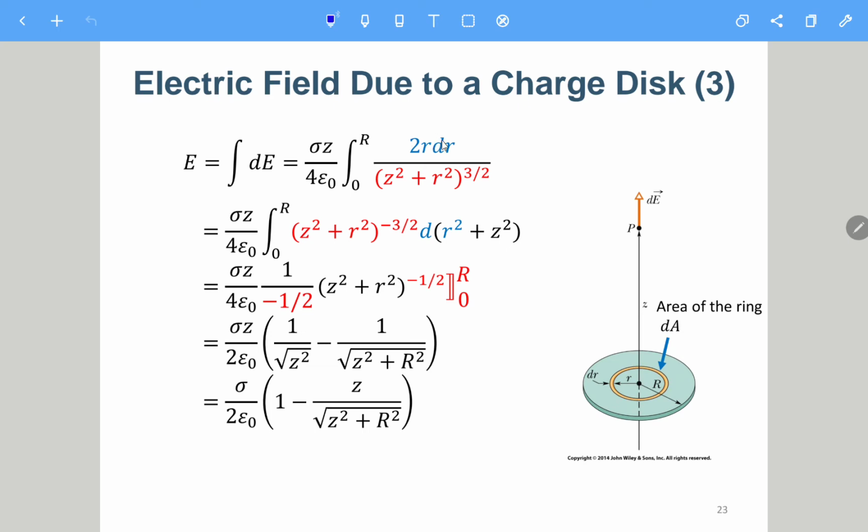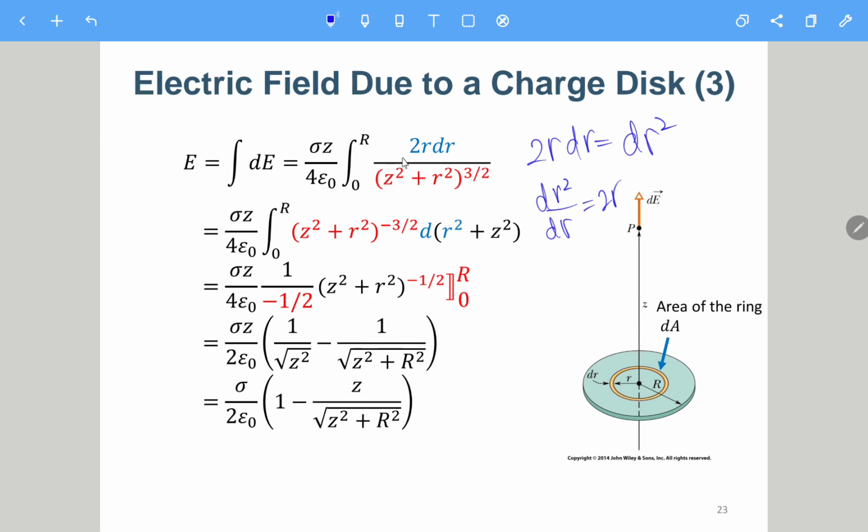So 2r dr is nothing but d r square. Or if you are only familiar with the derivative, it is like d r square over dr equals 2r. I suppose you should get to know this one very easily. So if you move this one to the right side, it will be 2r dr equals d r square.